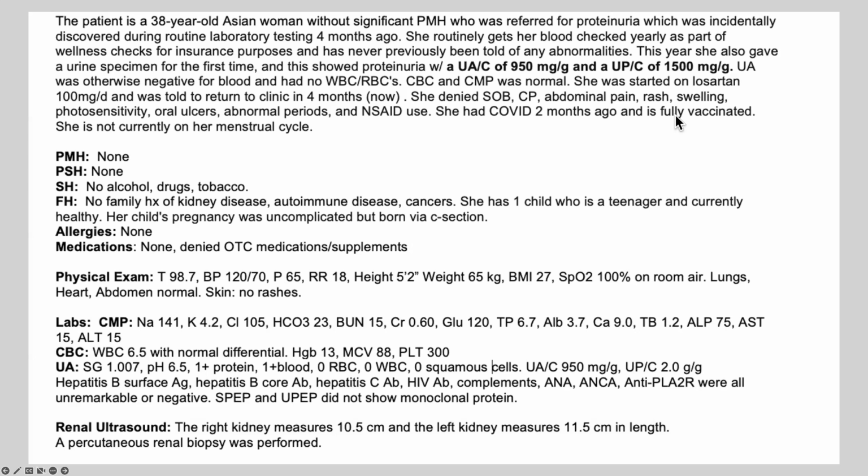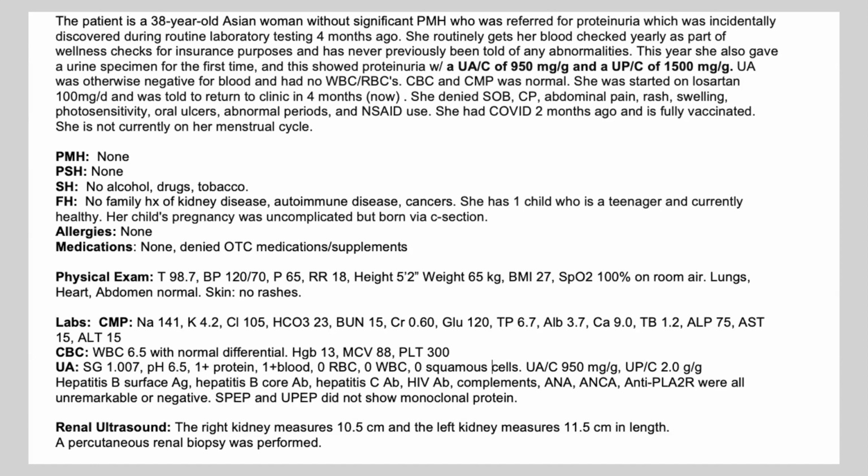She denied shortness of breath, chest pain, abdominal pain, rash, swelling, photosensitivity, oral ulcers, abnormal periods, and NSAID use. She had COVID about 2 months ago and is now fully vaccinated, and she's not currently on her menstrual cycle. Like I said previously, she has no past medical history, no past surgical history.